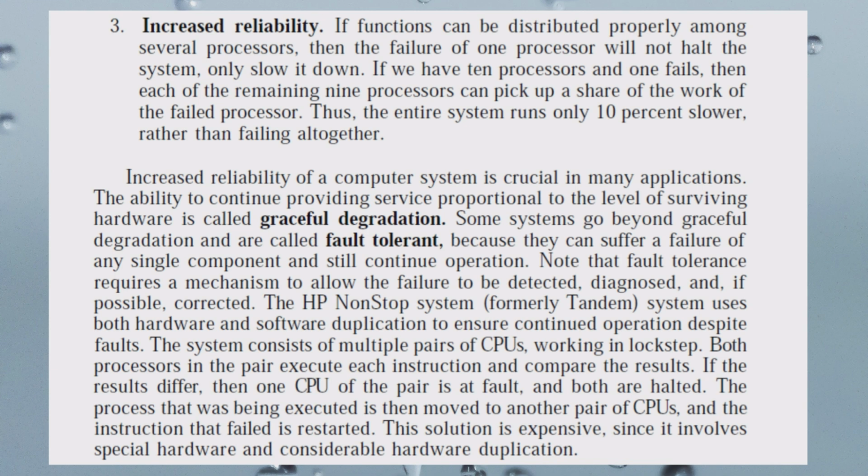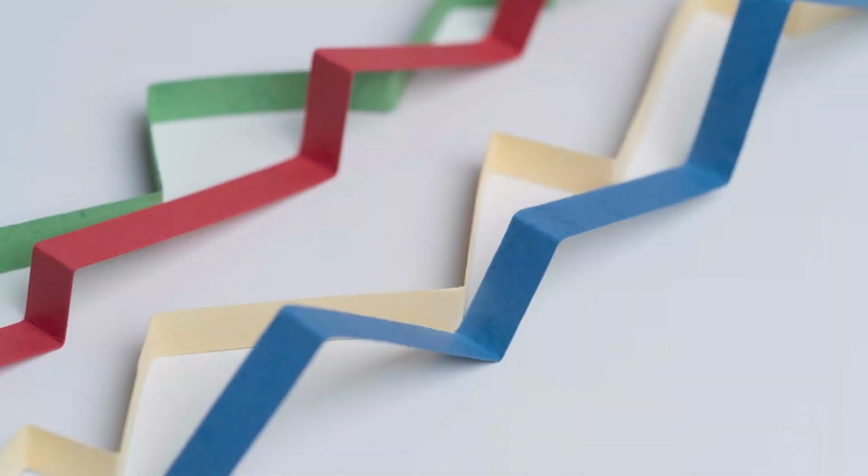Both processors in the pair execute each instruction and compare the results. If the results differ, then one CPU of the pair is at fault and both are halted. The process that was being executed is then moved to another pair of CPUs and the instruction that failed is restarted. This solution is expensive since it involves special hardware and considerable hardware duplication.